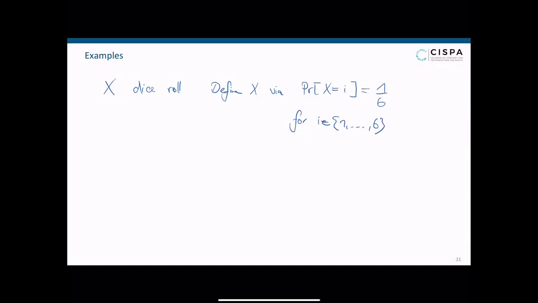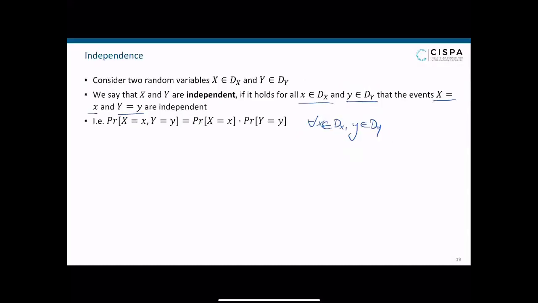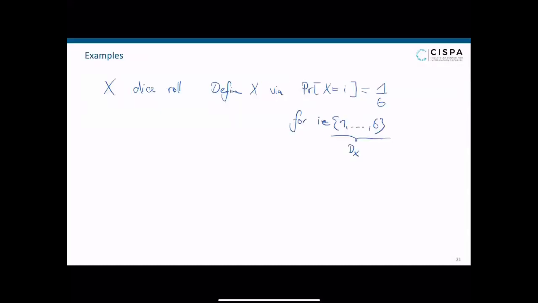Right here, this D_X is just the set 1 to 6, the set of possible outcomes of this random variable.